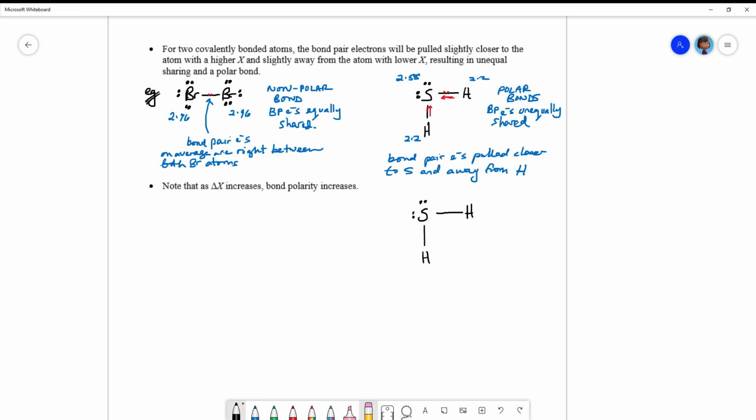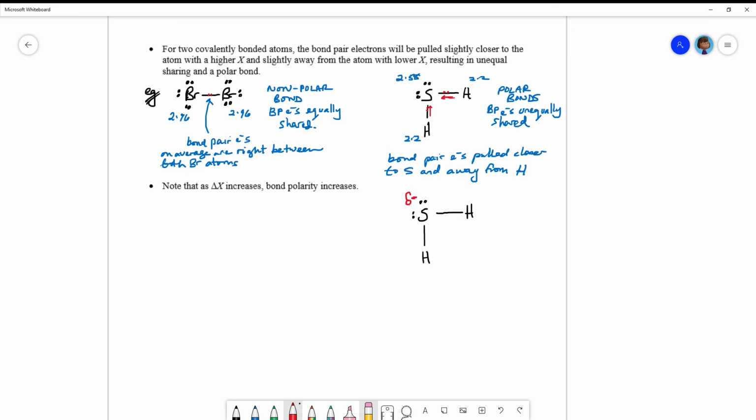Because those bond pair electrons are closer to sulfur, being pulled over towards the sulfur, and electrons carry negative charge, sulfur ends up acquiring a very slight negative charge. And we show that slight negative charge by using the Greek symbol delta, a lowercase delta followed by negative.